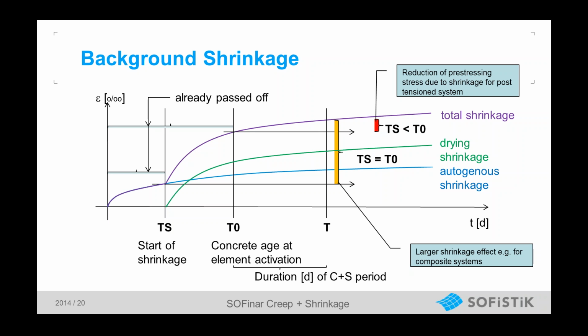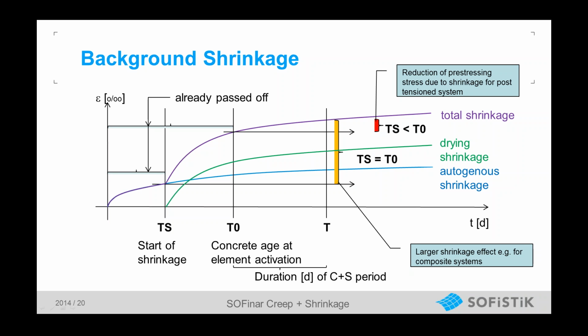pre-stressing your systems, are usually of no interest for the ULS design. So you are interested in the losses of your tendon stresses based on creep and shrinkage, or here of the shrinkage effects, right after you start pre-stressing your tendons. And that's exactly what happens here. So for that reason, you have a relatively small amount of shrinkage value here.